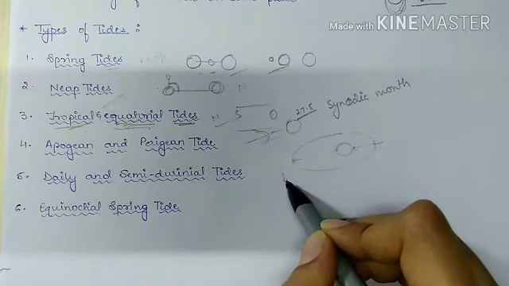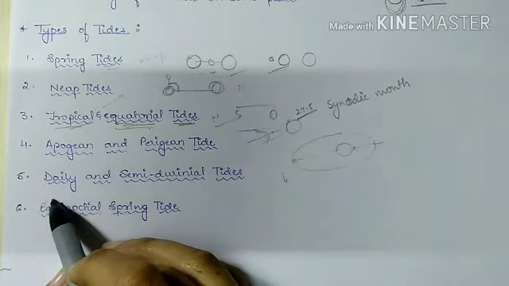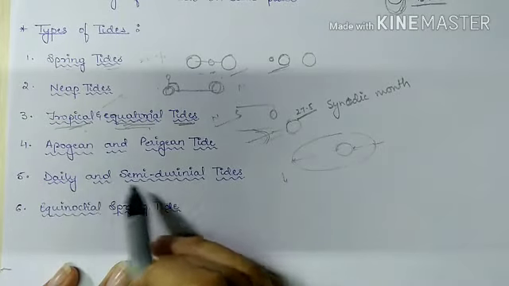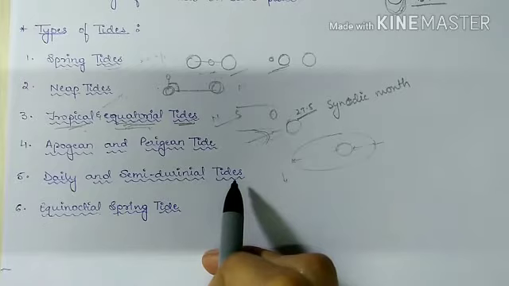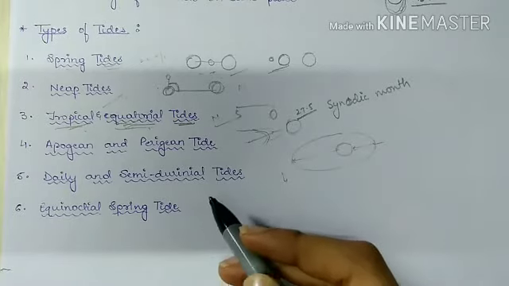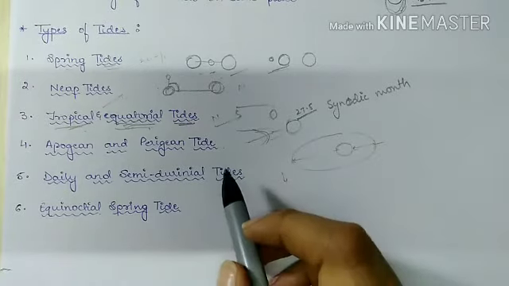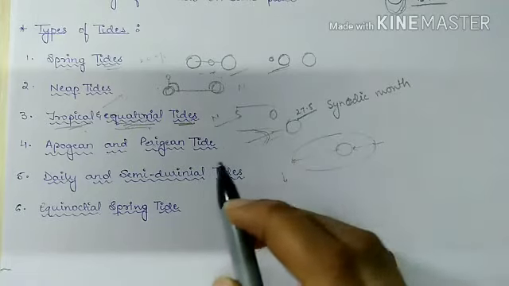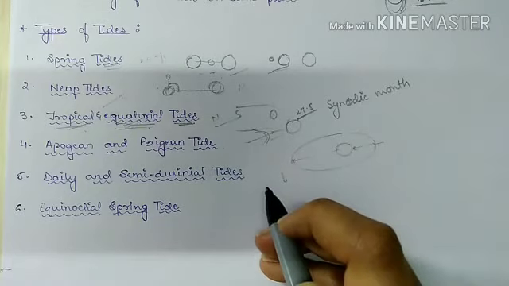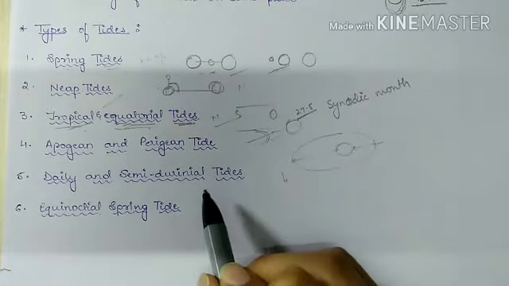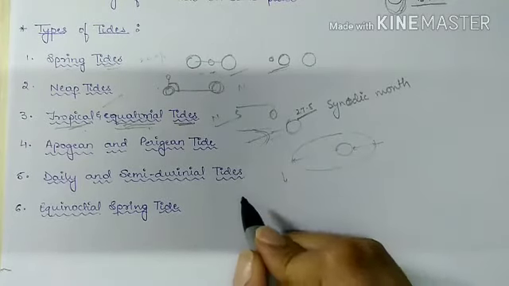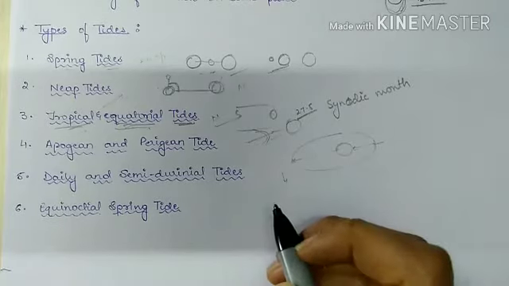Okay, then we have daily, or we can say diurnal, and semi-diurnal tide. The tides reoccurring at the interval of 24 hours and 52 minutes daily are known as diurnal or daily tides, and the tides that are occurring at the interval of 12 hours and 26 minutes are known as semi-diurnal tides.